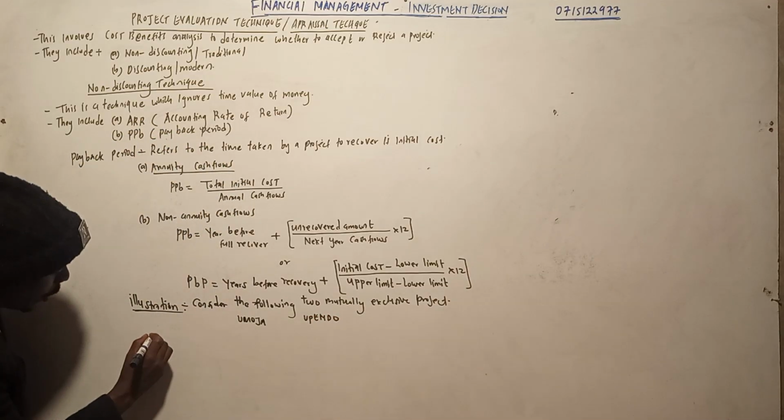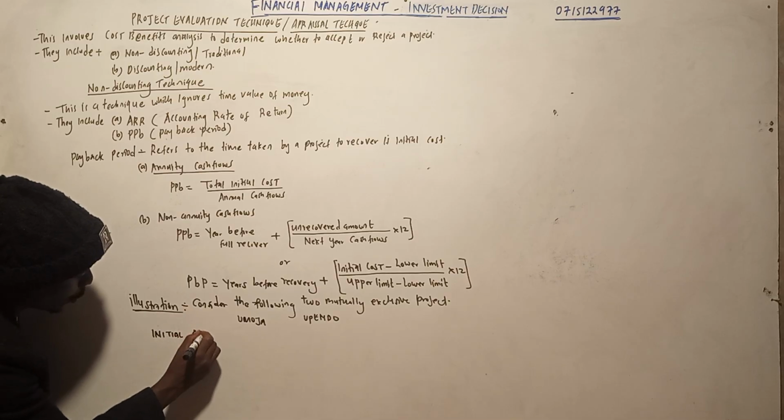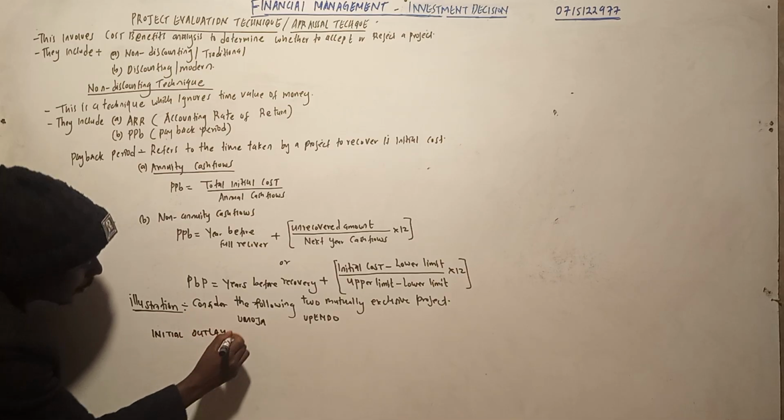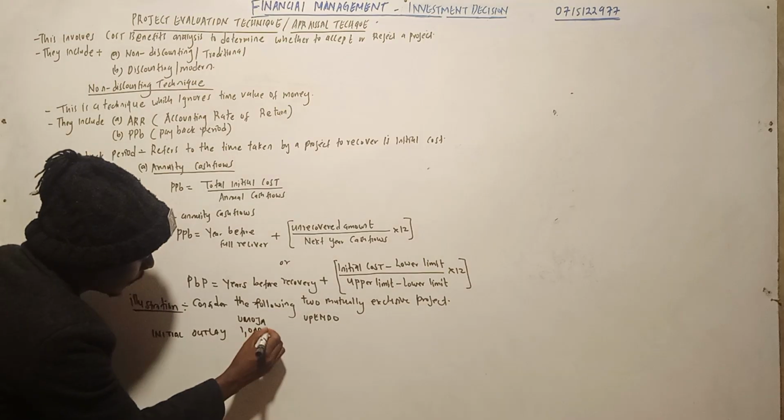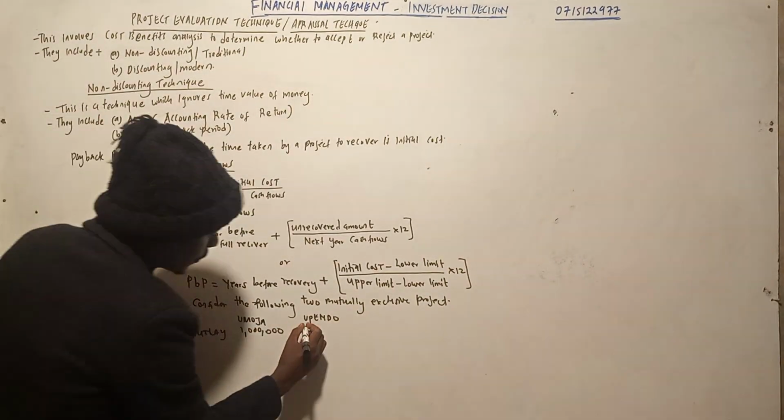We start with the initial outlay, or the initial cost. This one is 1 million, and the other one is also 1 million.